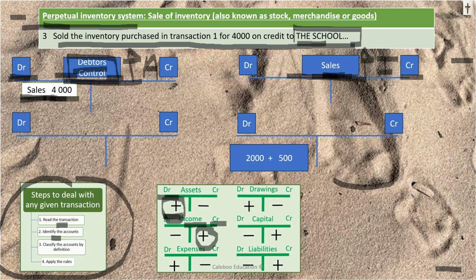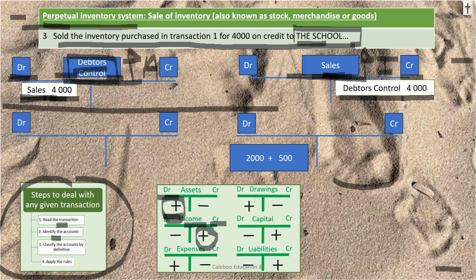So on the credit side of sales, we will have the name of the contra account, debtors control, and the amount was 4,000. Now in the perpetual inventory system, that is part A of a sale.